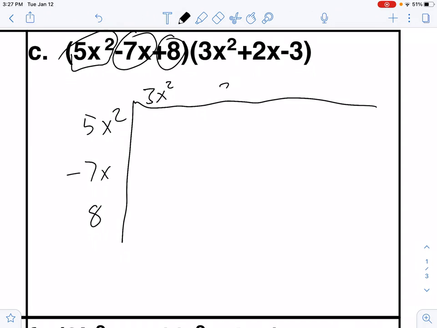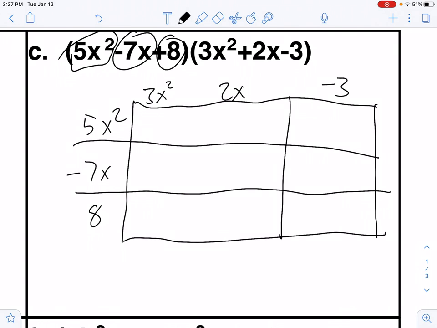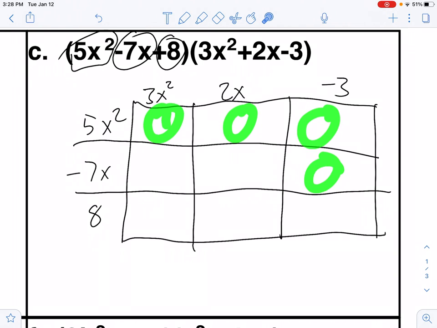I have a positive 2x. I have a negative 3. And then I can draw lines in between each of them. Okay, and then I'm just multiplying 9 different times to fill in each of these boxes.